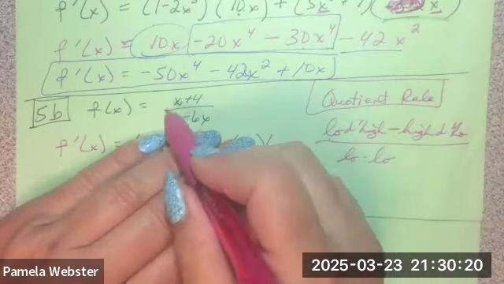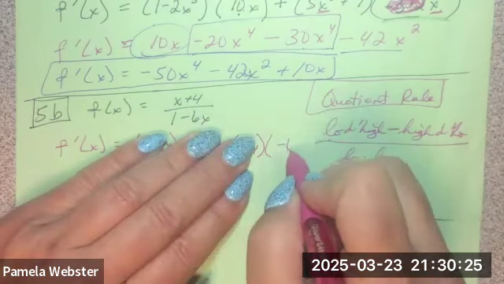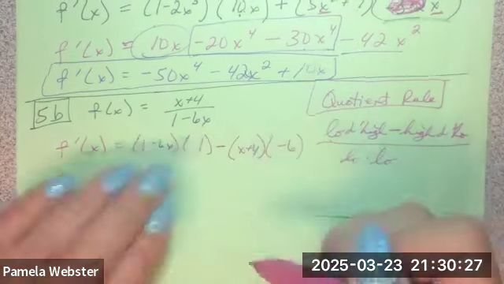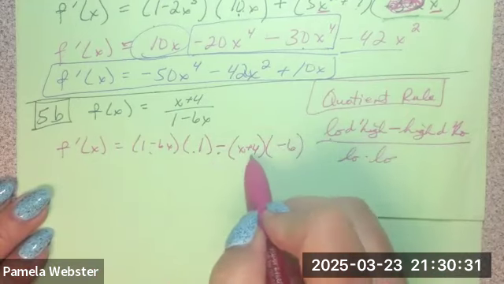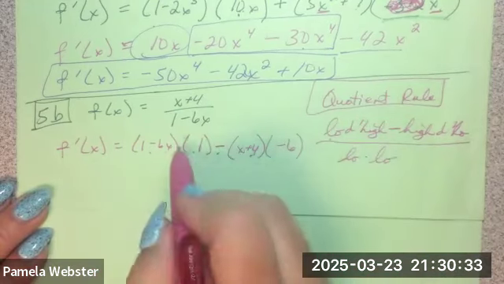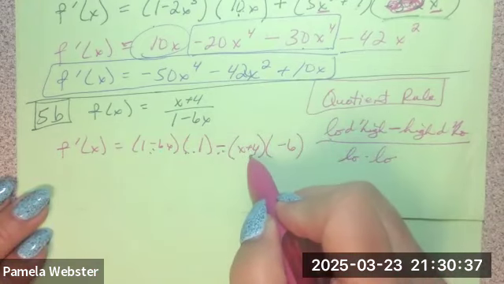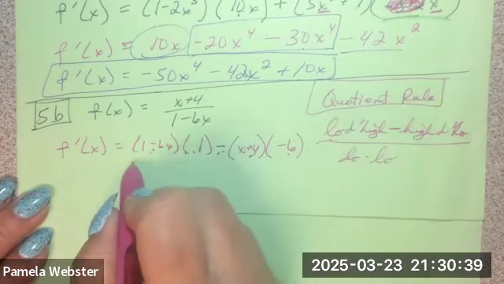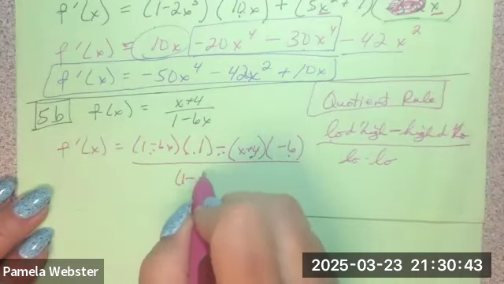Again, the constant goes away. 1 times negative 6 is negative 6, and x becomes x to the 0, or a 1. So low times the derivative of the top minus the top times the derivative of the bottom, all over the bottom squared.